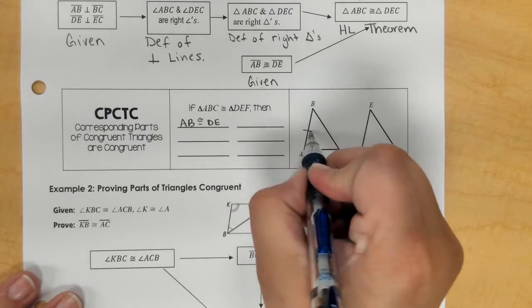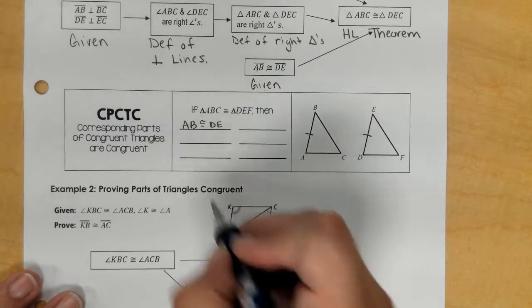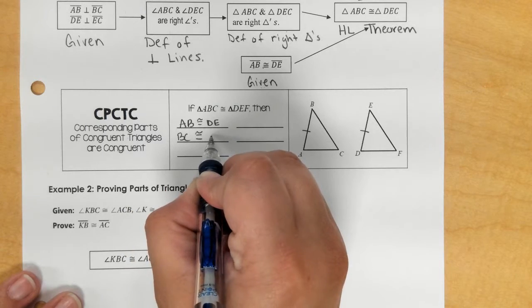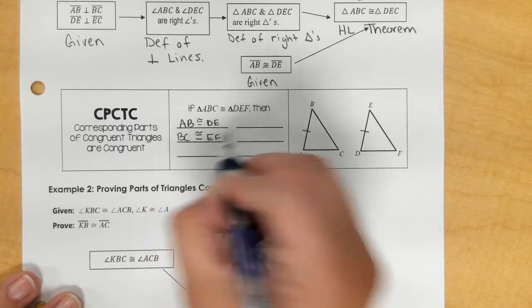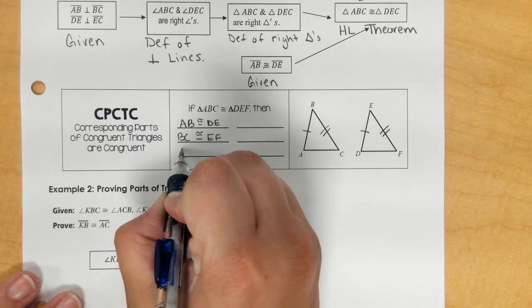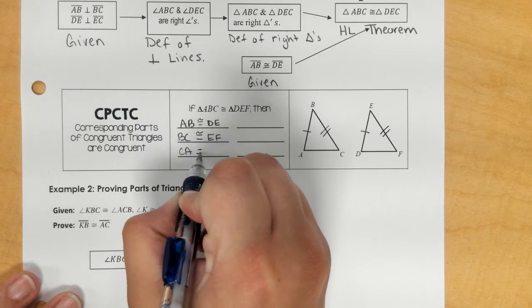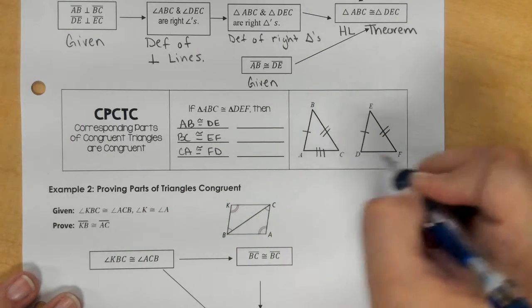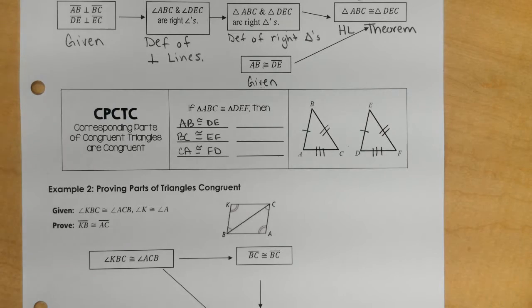So AB is congruent to DE. BC is congruent to EF. And then lastly, CA is congruent to FD. Those are our sides.